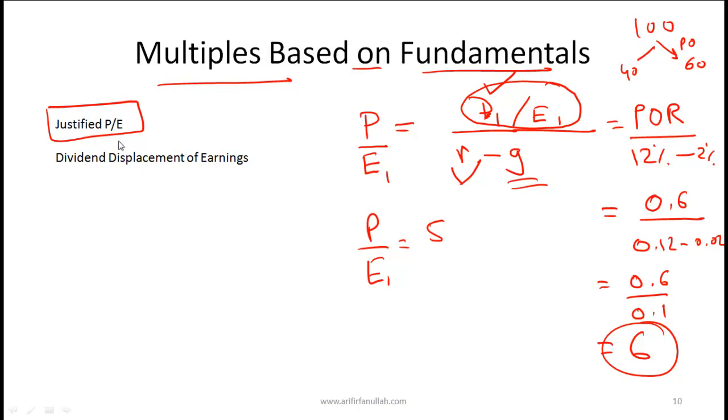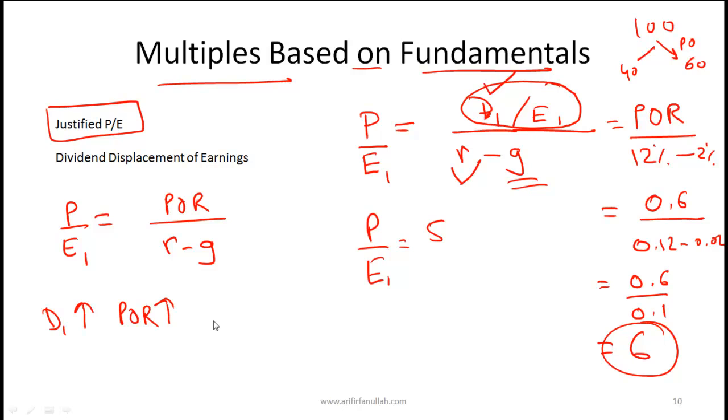Another concept on this subject is that of dividend displacement of earnings. What does this mean? Just to write this equation again, P over E1, our PE ratio, is equal to the payout ratio divided by R minus G. Now a question might come up: what happens if a company increases its dividend, or more precisely increases its payout ratio?